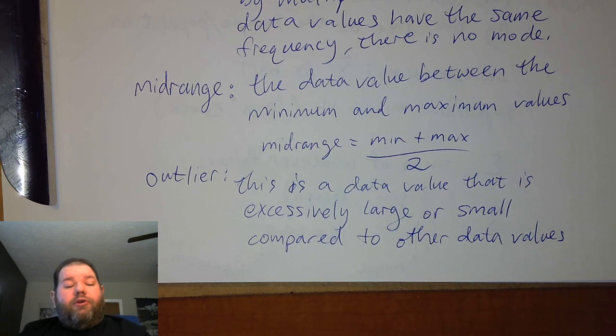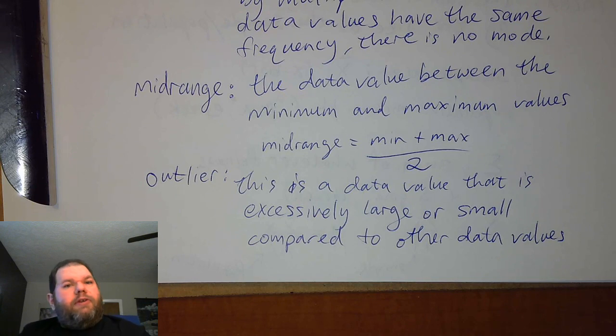The mid-range, though, is extremely vulnerable to the presence of outliers because the mid-range depends on the maximum and minimum values, and that's generally where the outliers will be, either the maximum or the minimum value. So, because of that, the mid-range is extremely susceptible to giving us data that doesn't really line up with the rest of the data that we have as far as statistics go.